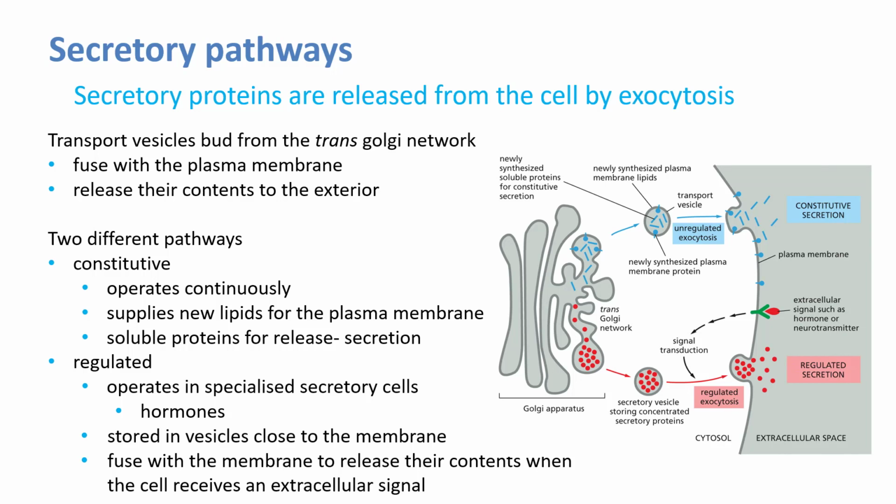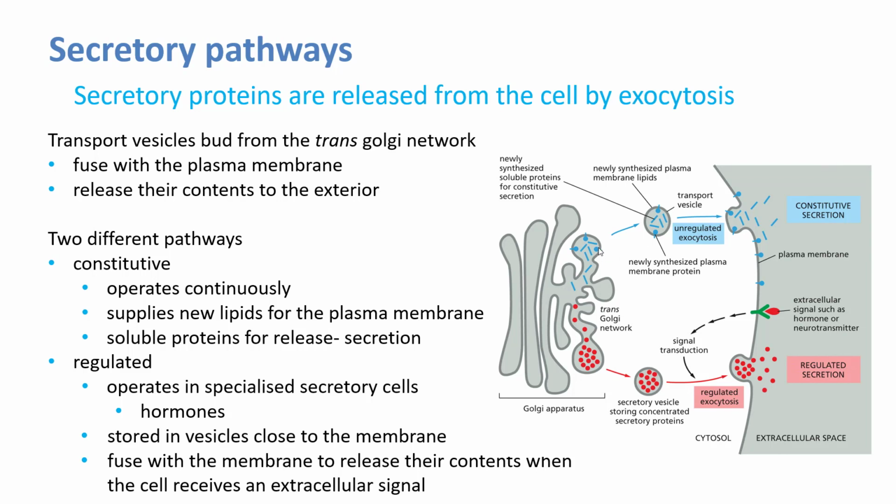The first is known as the constitutive pathway. This pathway operates continuously. A couple of the key things it does is not only can any soluble proteins be packaged up and then transported to the membrane and released to the external environment, it's also the mechanism cells use to deliver new lipids to the plasma membrane.